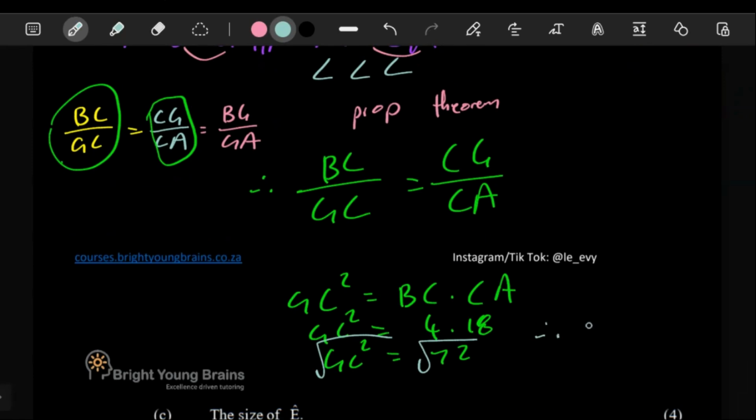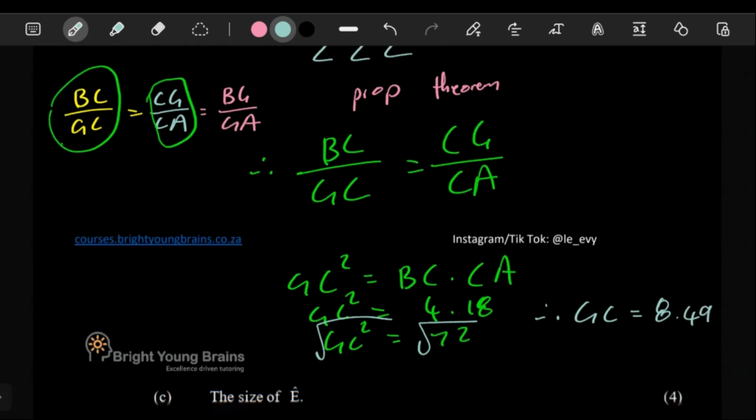Therefore, GC is equal to square root of 72, which is about 8.49. And that is the way we like it.